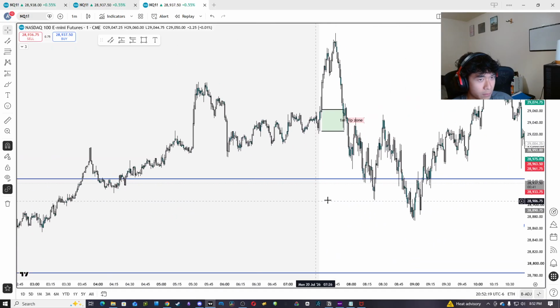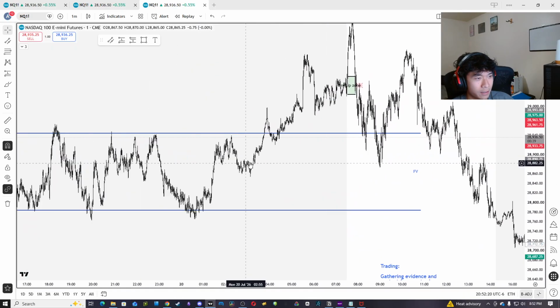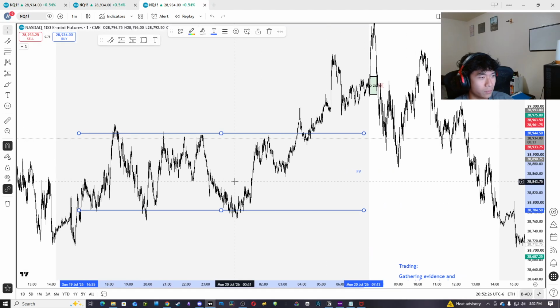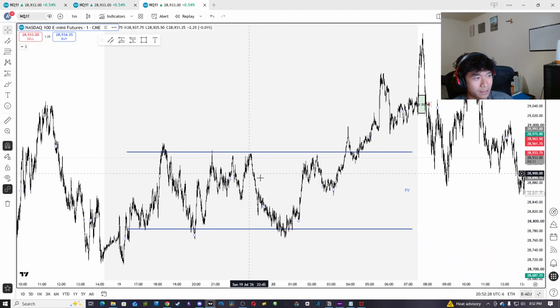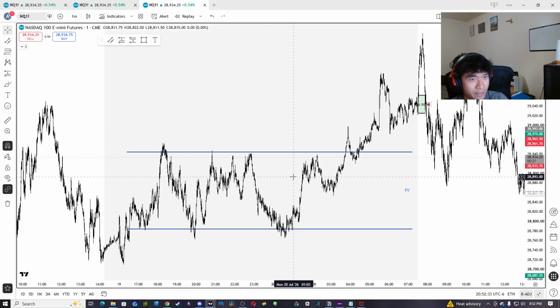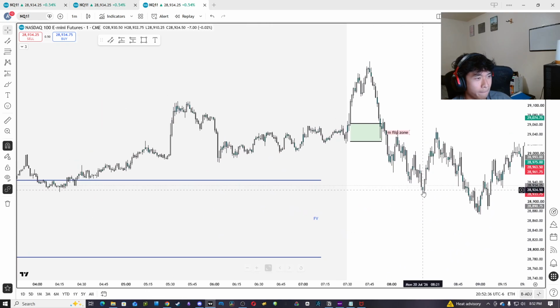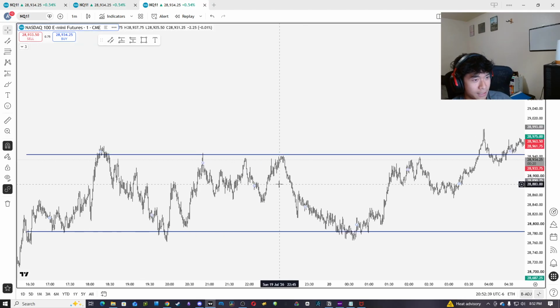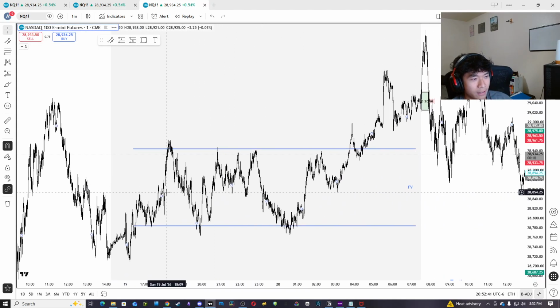So to avoid getting trapped is essentially just avoiding the area where the most trading volume occurs, because you don't really know, since price is in balance here. Supply and demand is a strategy that works when price is imbalanced, and price is imbalanced when it's outside of fair value. So you could probably see 1,000 flip zones in here, and realistically, they would all fail in the grand scheme of things.